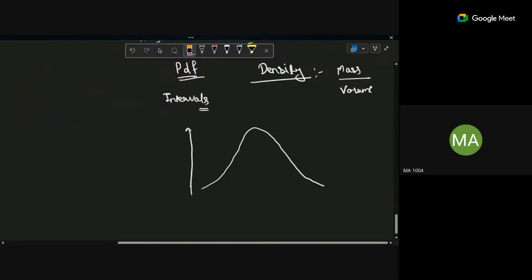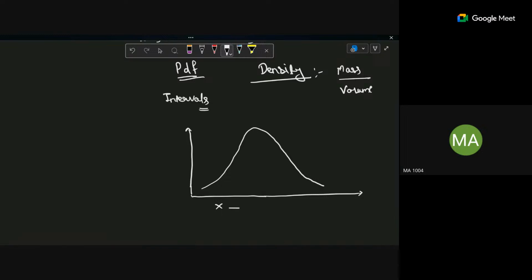This is one of the density functions given to you. Density means what? You just told me that only: mass per volume. Here it's an amount per length. So these are the values of x.